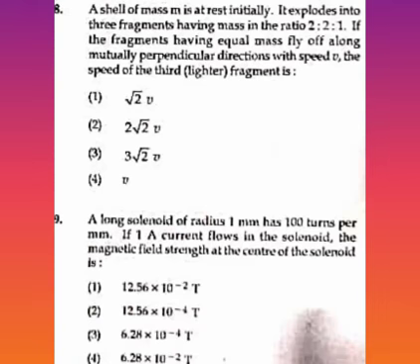Next, question number 8. A shell of mass m is at rest initially. It explodes into 3 fragments having mass in the ratio 2 ratio 2 ratio 1.